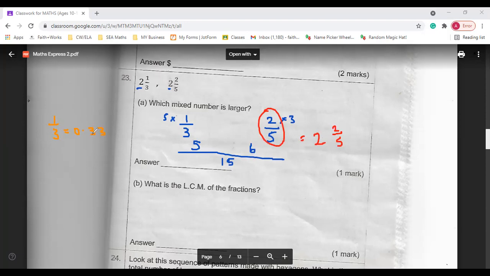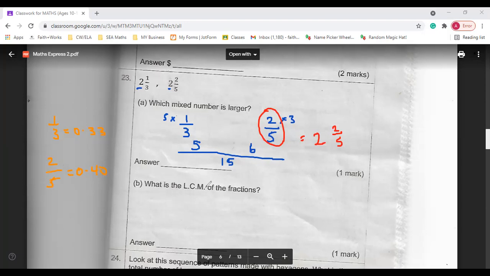You have a third as 0.33. 2/5 is also very common, and that's 0.40. So that's another way you can compare them. And you can see 2/5 is bigger, so therefore 2 and 2/5 is bigger.